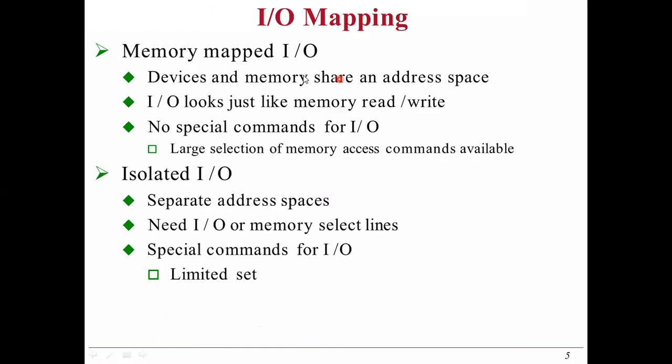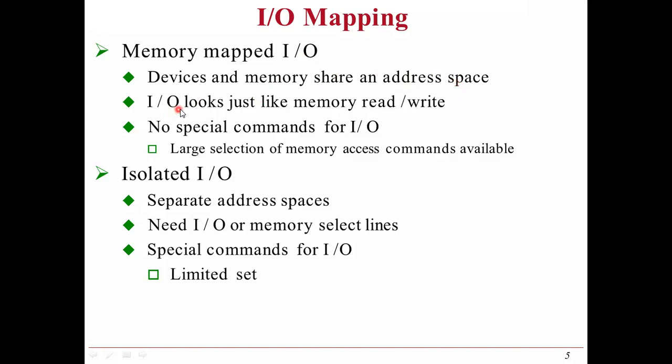Next, here we are taking the IO mapping. That is memory mapped IO. Memory mapped IO means devices and memory share an address space. That means IO devices and memory share an address space.